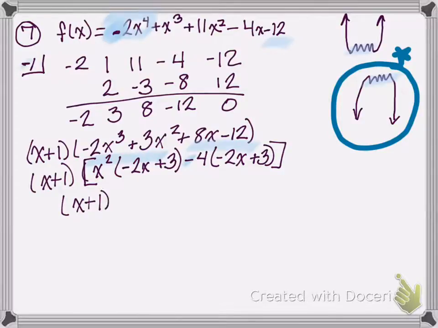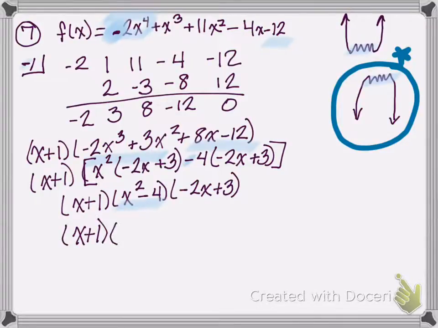So we have x plus 1, then we have x squared minus 4, and then I have negative 2x plus 3. I'm not done. This can be factored further, so we are going to factor that further. So I have x plus 1.